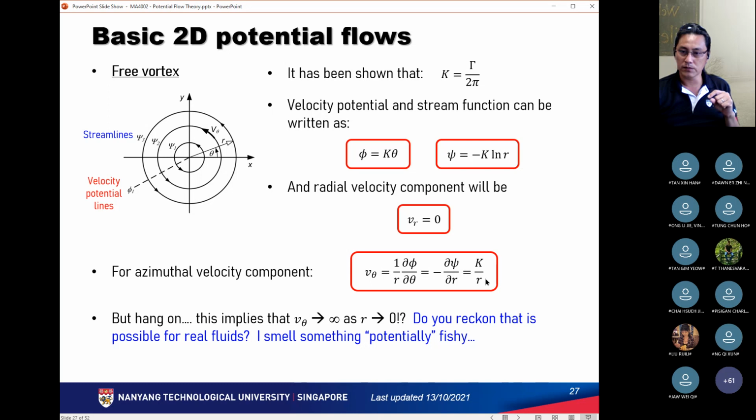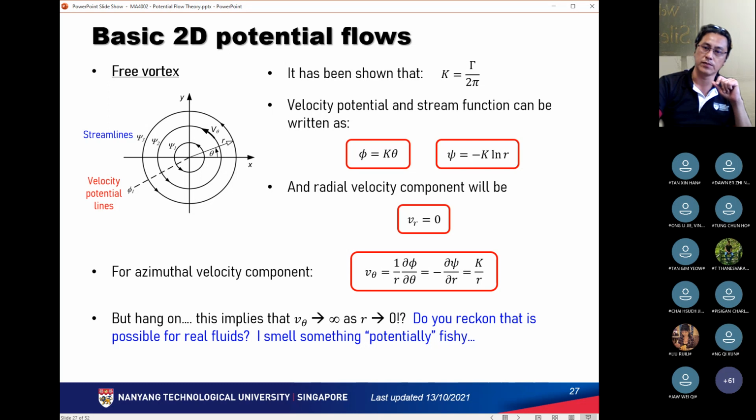But I think the big deal here is, do you see what's happening? V theta is nothing but a constant, because the strength has got to be constant, divided by r. V theta is inversely proportional to r. So think about it. As r becomes greater and greater, V theta tends towards 0.